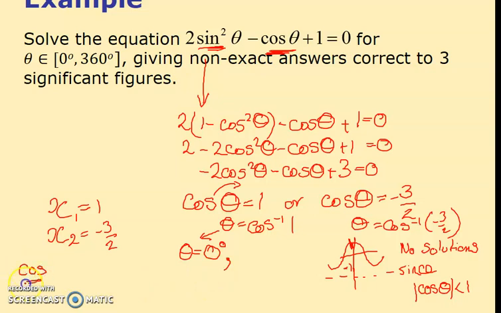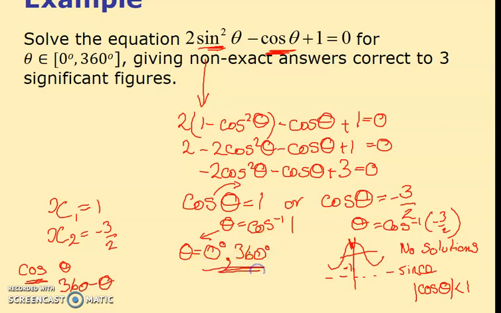When you're using coses, and I know it started off at sines, but eventually we got to a cos equation. When you've got coses, you get your first solution, theta, and then you do 360 minus theta for your second solution. So my second solution is 360 minus 0, which is just 360. Okay, and that's, according to me, the two solutions.